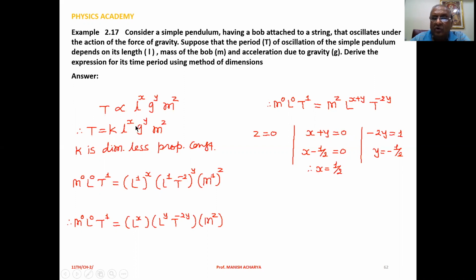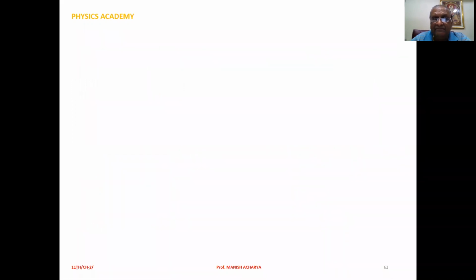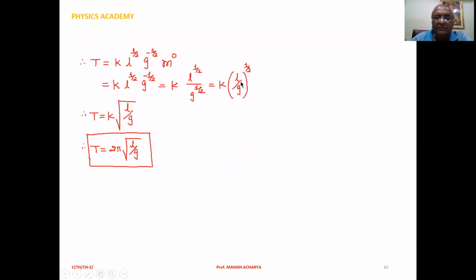Means now these unknown powers x, y, z are calculated. x comes to 1 by 2, y comes to minus 1 by 2, and z comes to 0. And anything raised to 0 is 1. So when we substitute the values of x, y, z, then periodic time T equal to K L raised to 1 by 2, g raised to minus 1 by 2, m raised to 0.